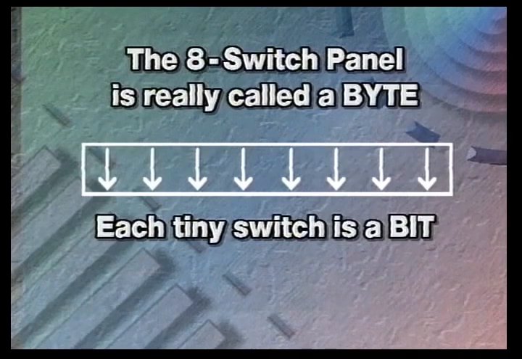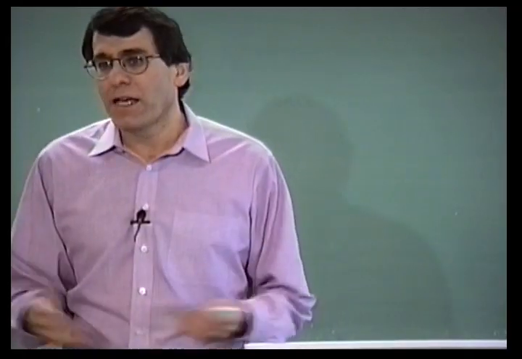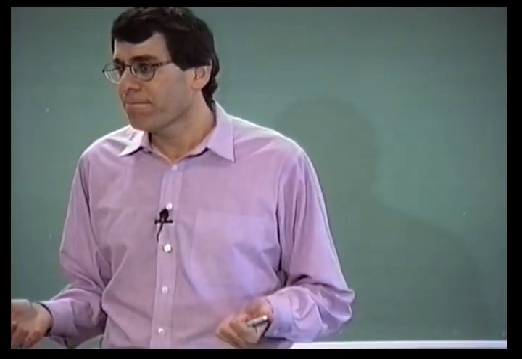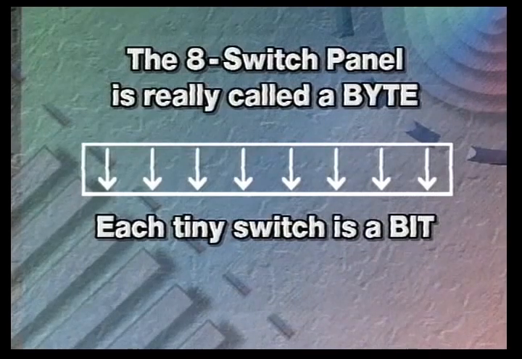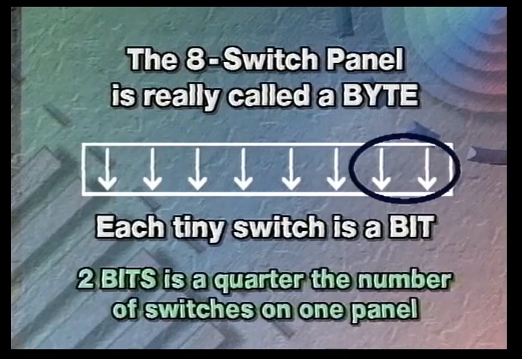I have an easy way of remembering this. How many people have heard the expression 2 bits in terms of money? What is 2 bits? A quarter. Well, it's interesting, because if we have a panel like this, 1, 2, 3, 4, 5, 6, 7, 8, and we take 2 bits, that is a quarter of the number of switches on that panel.